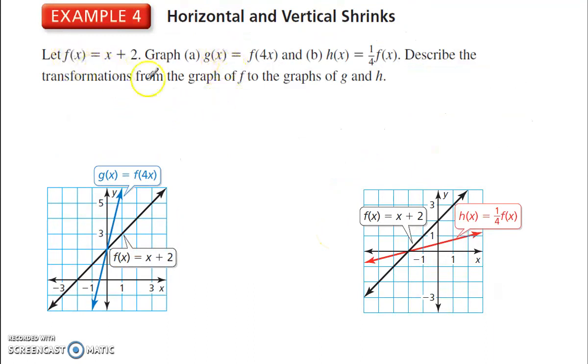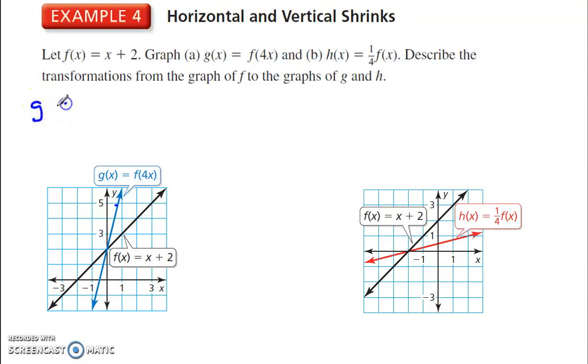Now the shrinks. Here we have g of x, and it's graphed down here. This is inside the parentheses, so that means we're affecting the x. This is shrunken. We haven't stretched it out in the x direction; we've pushed it closer to the y, so it's shrunken.